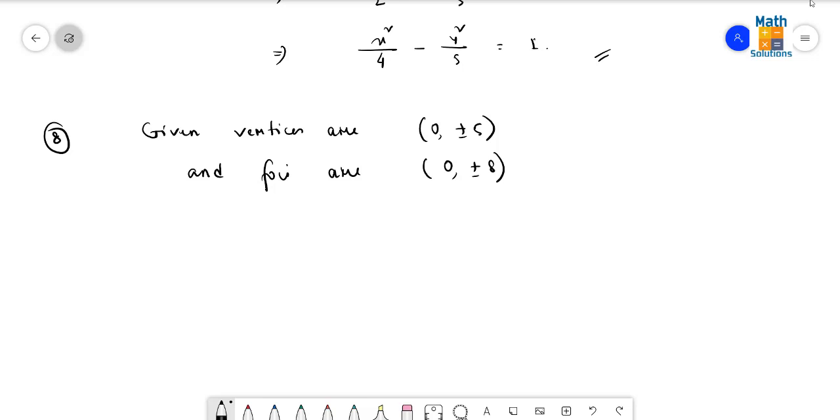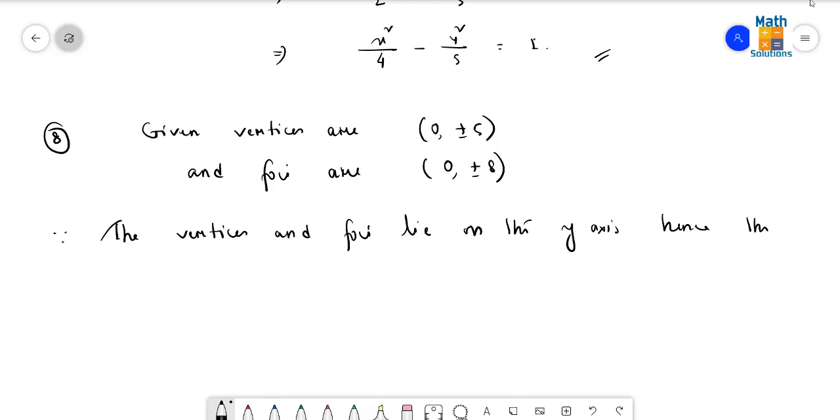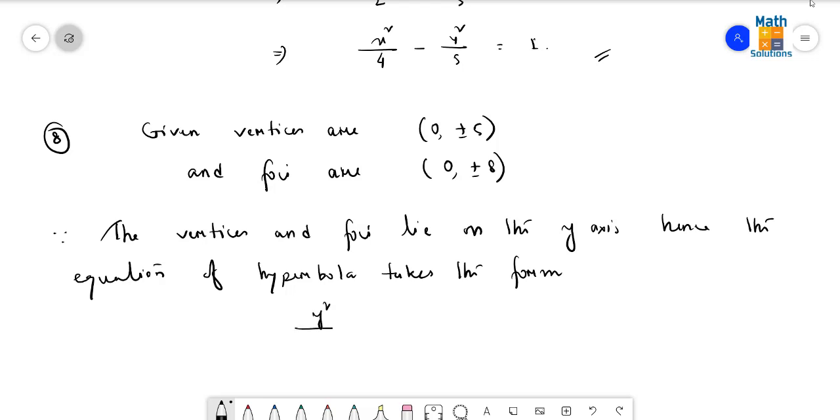So what can I write here? We can write that since the vertices and foci lie on the y-axis, hence the equation of hyperbola takes the form y square by a square minus x square by b square is equal to 1.